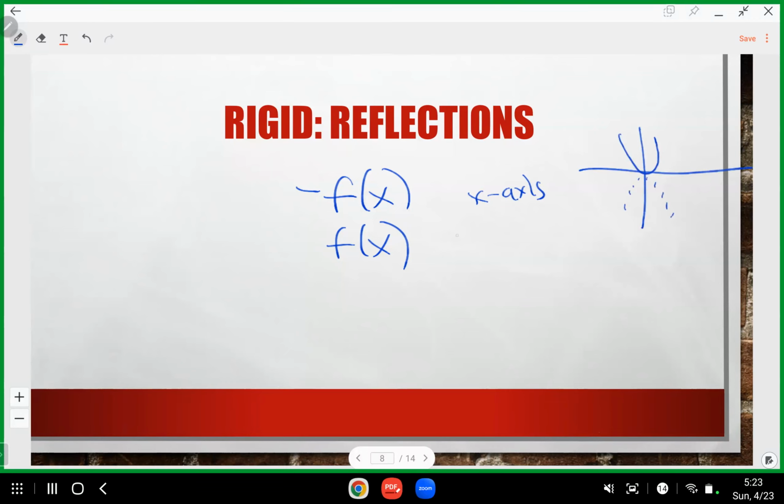And when you have the negative sign within the f of x, that's a domain issue again. You've got to solve for the domain, and you can see it's going to be reflected left and right. So if you have something like this, it'll turn into this. Okay, so that's basically all of our rigid transformations.